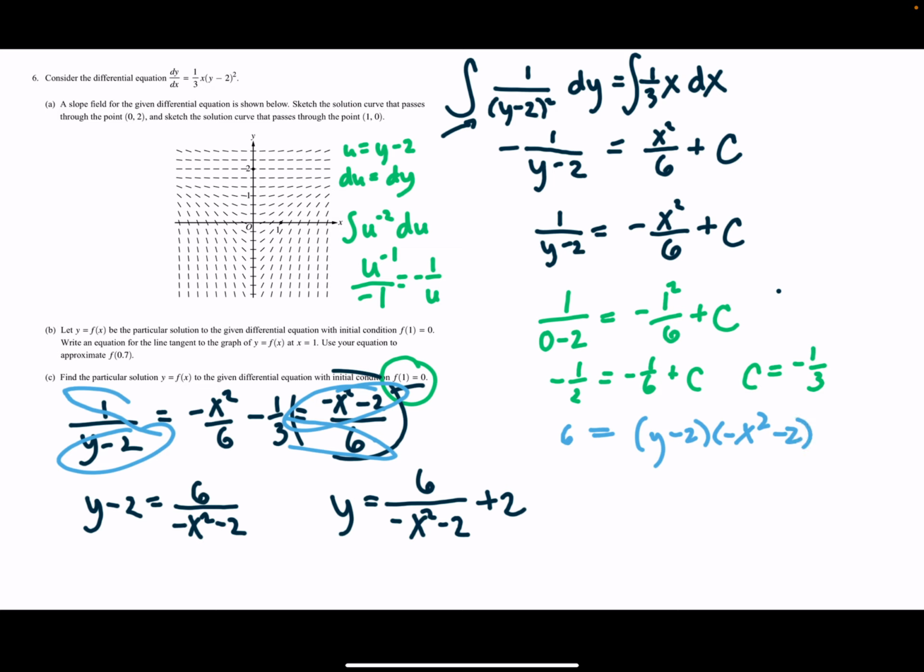Then I divided both sides by negative x squared minus 2. That's why flipping both sides seemed to work. It's really cross multiplication and then doing division. That got me to this point as well, so it's just another way to look at it algebraically.